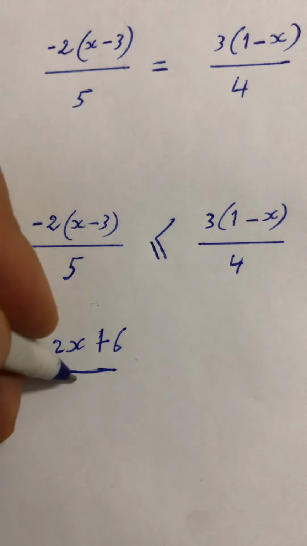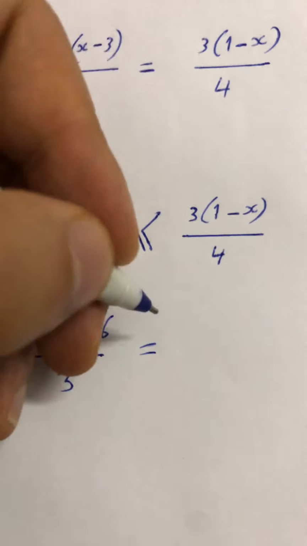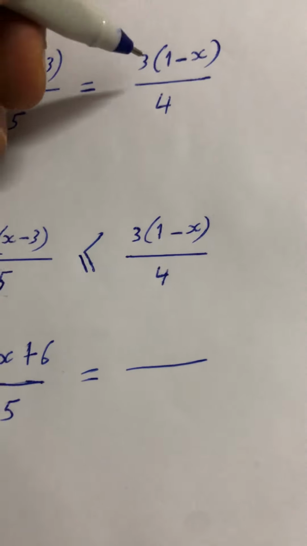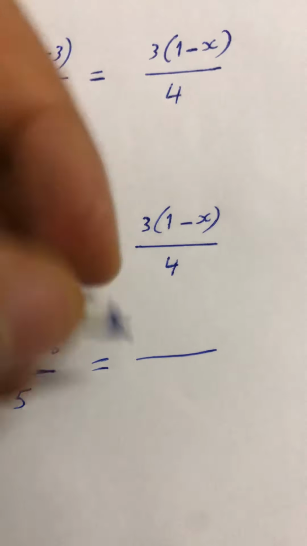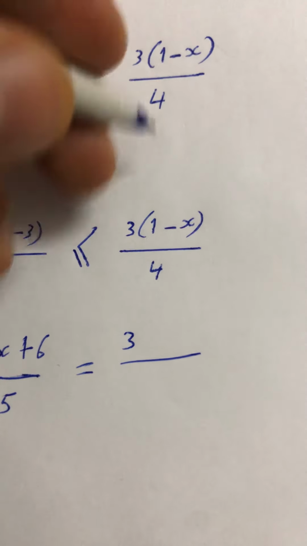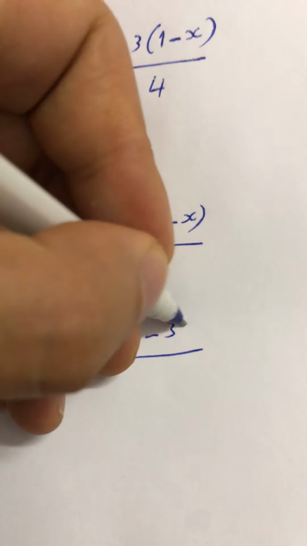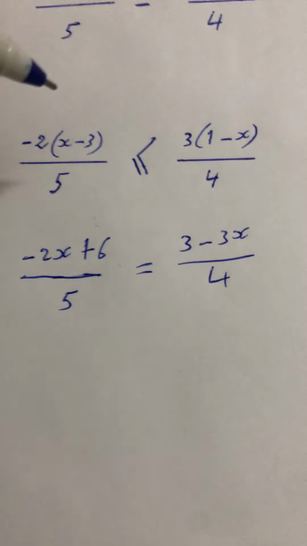Okay, over 5. Equals, we have here 3 times 1, then 3 times minus x. I begin with 3 times 1, 3. And 3 times minus x gives minus 3x. Over 4. Okay.